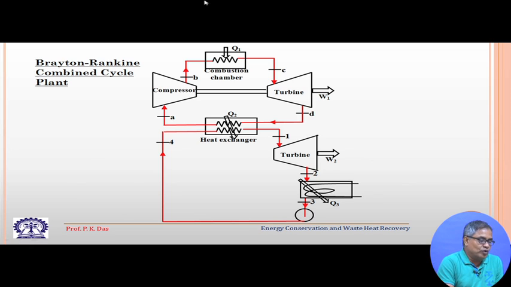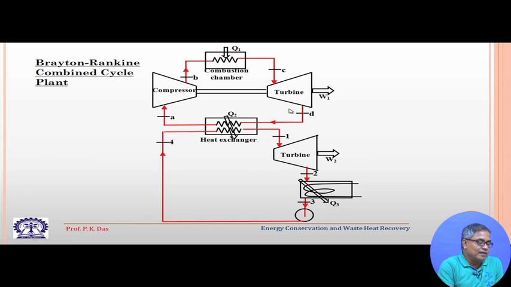Obviously, we have shown ideal processes, and the basic cycles I have shown here. The ideal cycle will be the Brayton cycle, and the ideal cycle for your steam power plant will be your Rankine cycle. So, it is a combined Brayton-Rankine cycle.